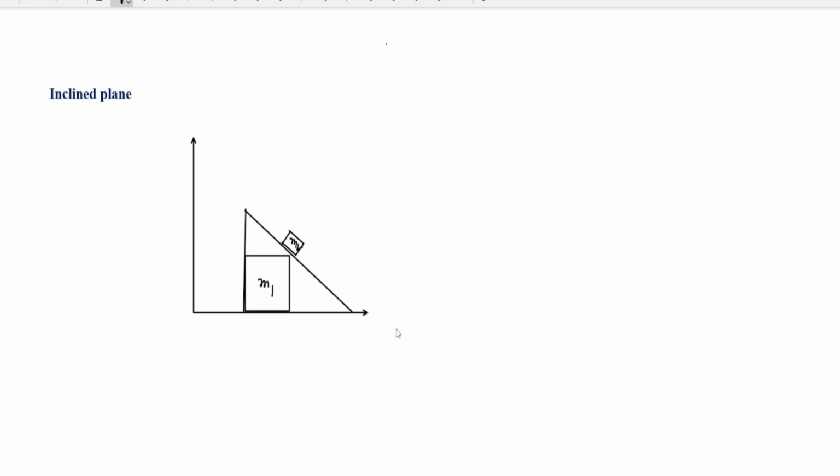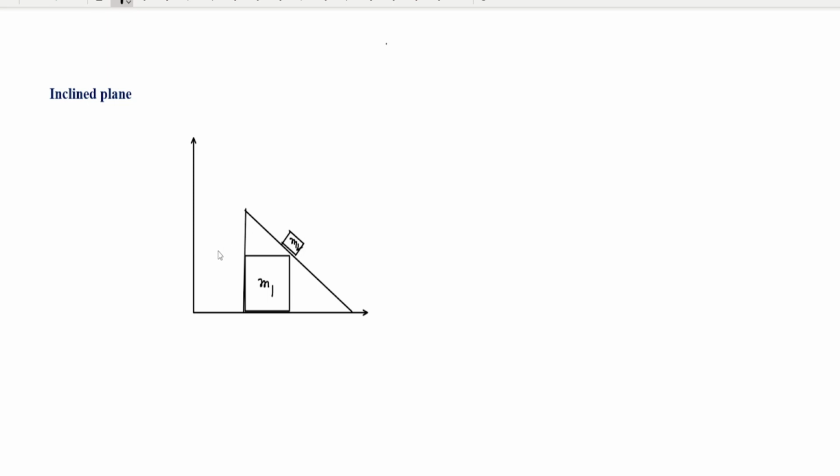Thus, the system has 2 degrees of freedom and hence needs two generalized coordinates. This is M2, okay, M2 this way.